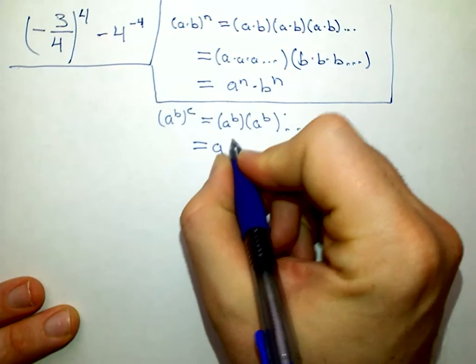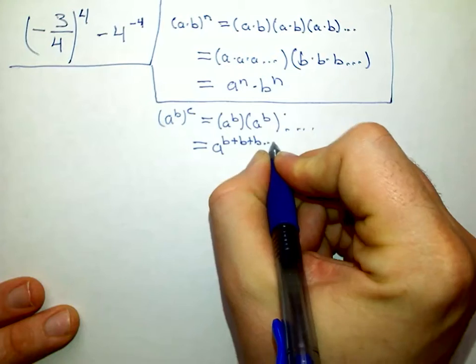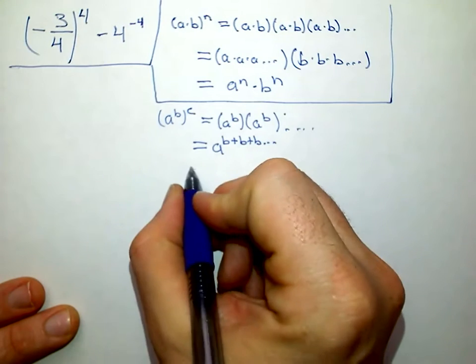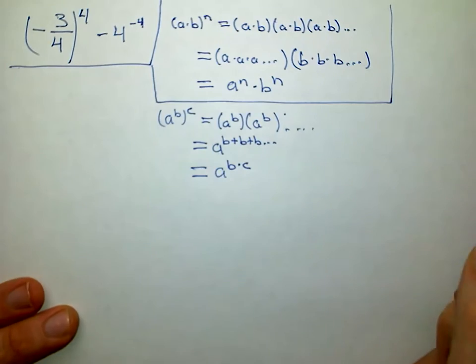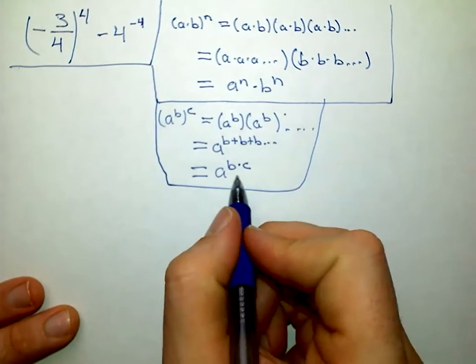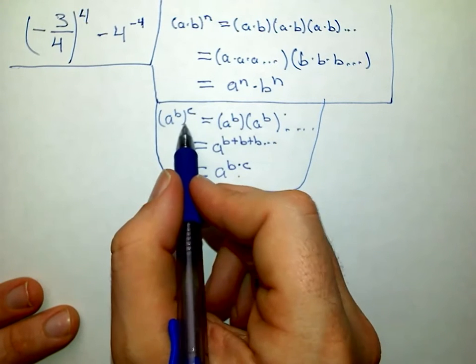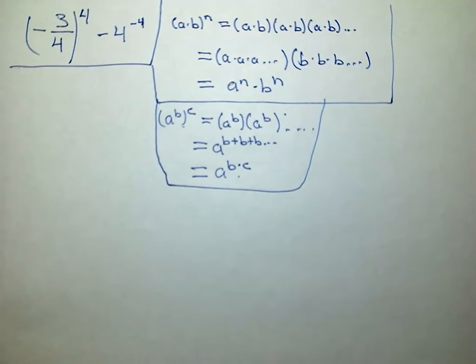So this will just work out to be a to the b plus b plus b, c times, or a to the b times c. So now I can reduce this to this, because they're the same thing. The argument works the same both ways.